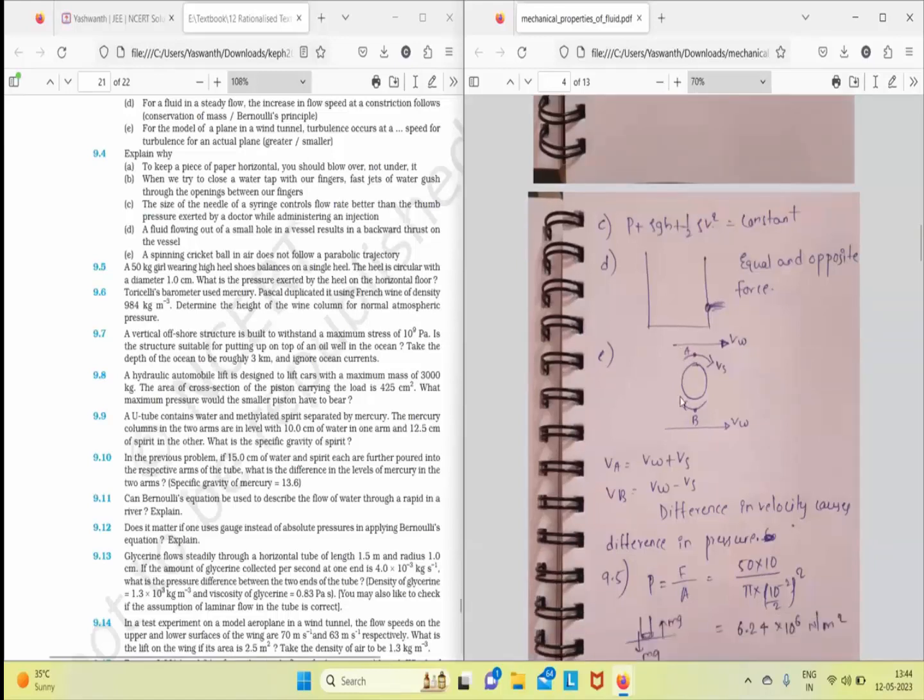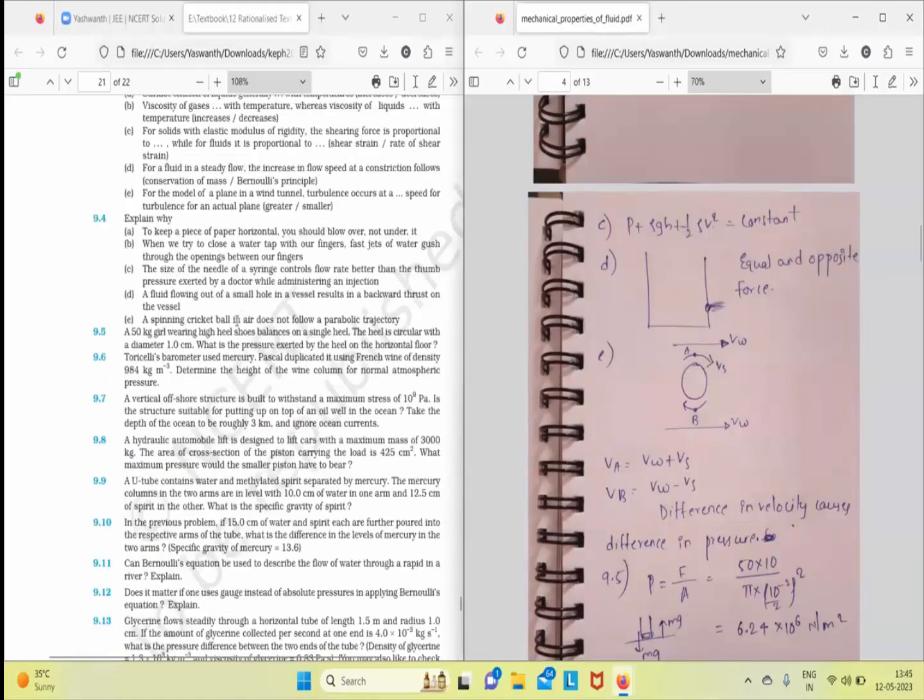If you observe this diagram, here the water is coming out, the bucket is trying to push the water outside. In the same way, the water will be trying to push the bucket backward. So a fluid flowing out of a small hole in a vessel results in a backward thrust on the vessel.